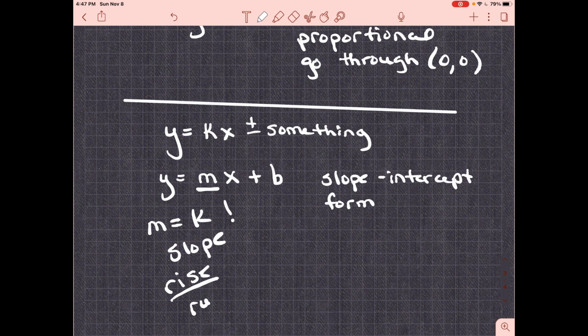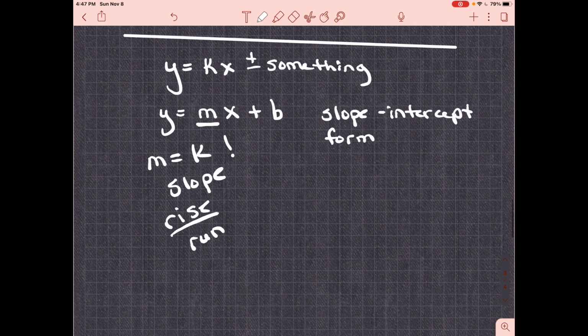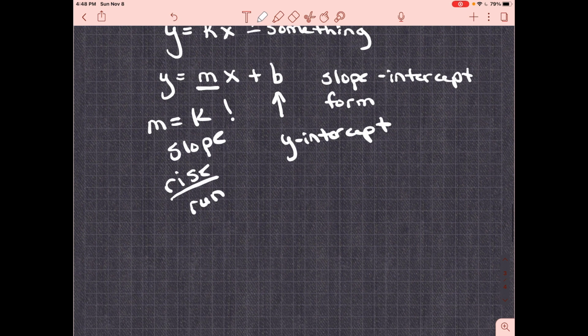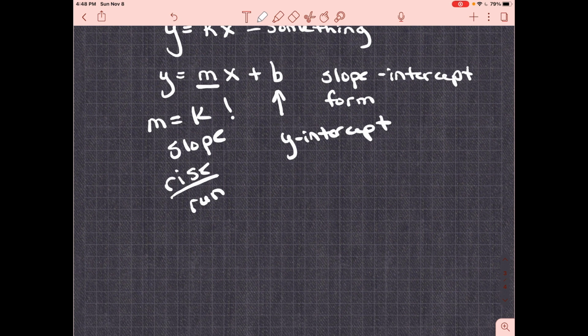It just talks about the steepness of the graph, right? That's the m part of it there. And then we have b, which happens to be the y-intercept. The graph does not go through 0 and 0. Where does our line cross the y-axis?